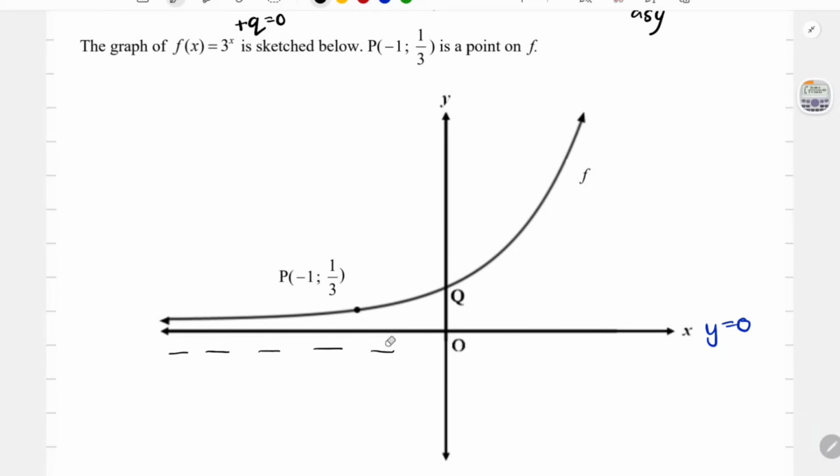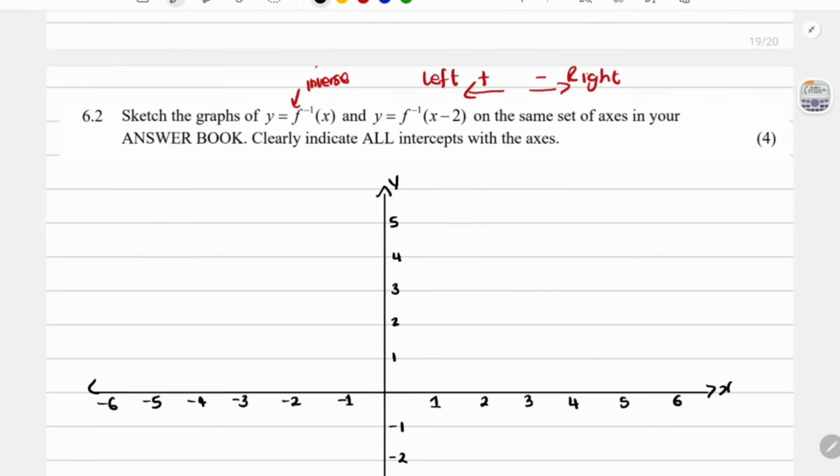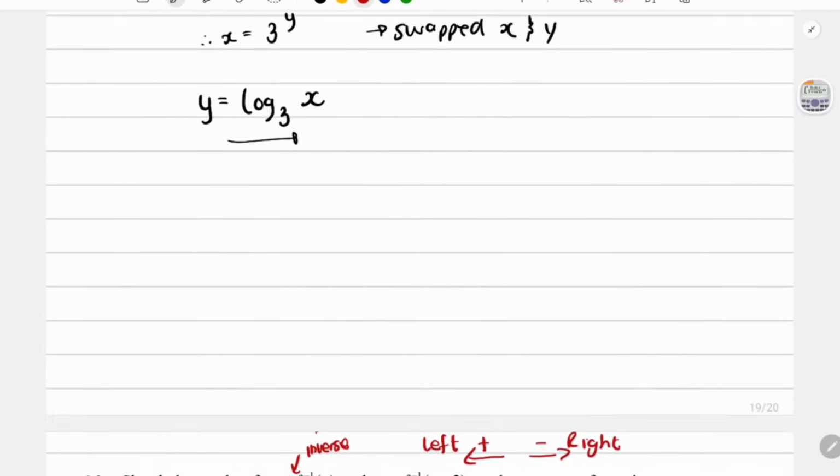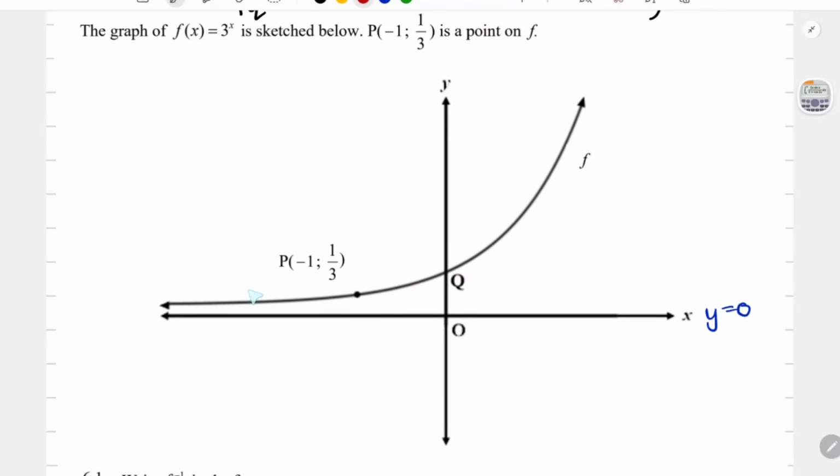So this is going to do the exact same thing, but the other way around. We'll first have to plot that point down. So -1 and 1/3 becomes 1/3 and -1 here. So 1/3 is somewhere here, right? And then -1. So this is our new point over here, and we can call it P prime, the image of P. So that is 1/3 and -1. And then our graph is going to do this instead of it doing this.